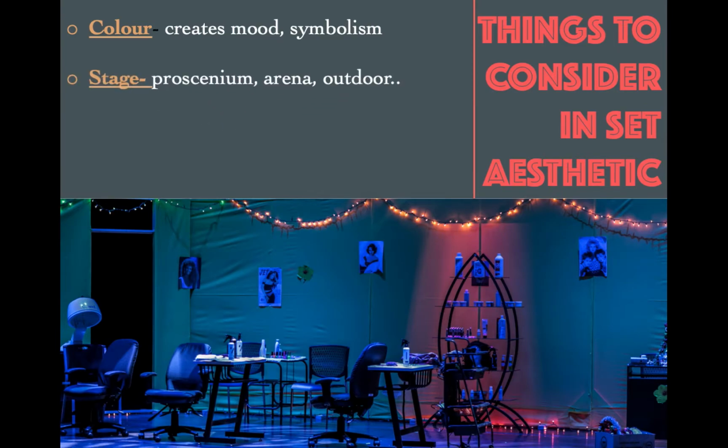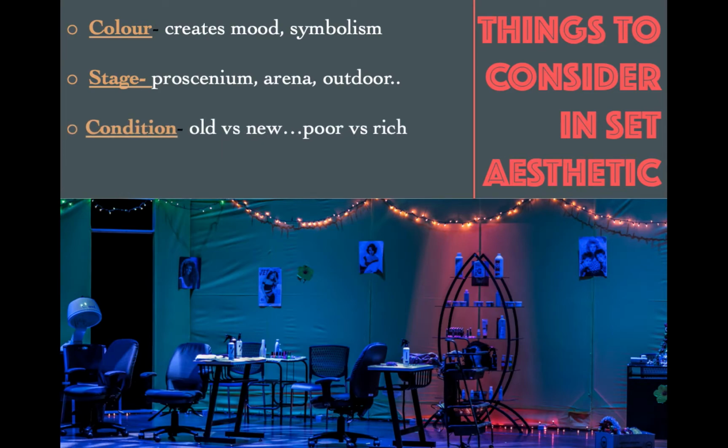The stage, of course, you're going to have to look at what type of stage you are using. So whether it's an arena stage, a proscenium stage, as we will talk about most of the time, whether it's an outdoor setting, things like that really determine the aesthetic of the set.